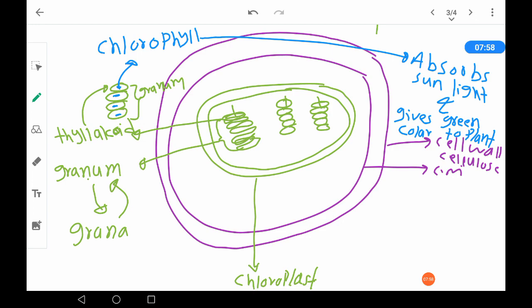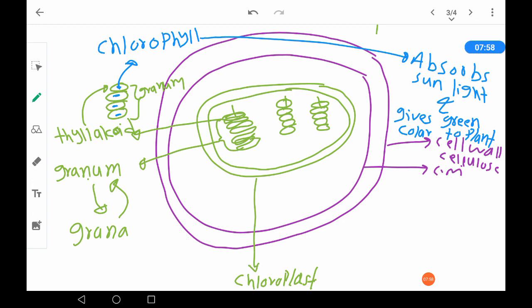It absorbs all of the colors of the sunlight except green color, so it reflects the green color of the sunlight. That's why we can see the leaves or the plants in green color, because it will be reflected by that color. All the other colors of the sunlight will be absorbed by the chlorophyll molecule.